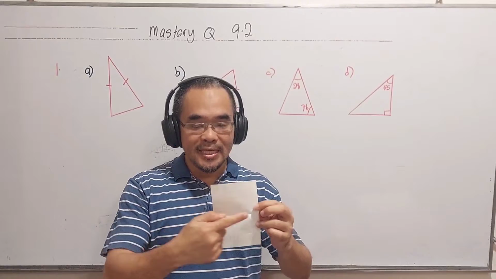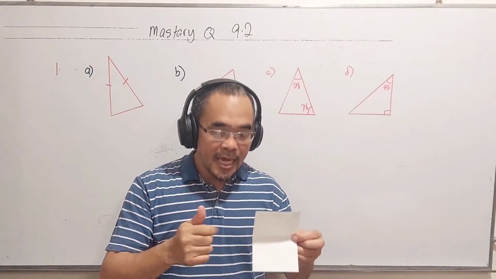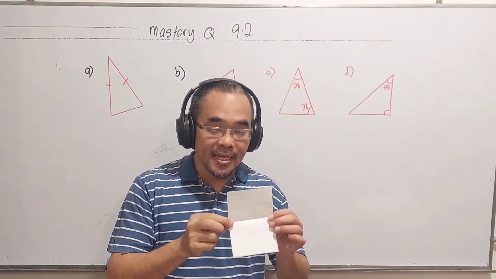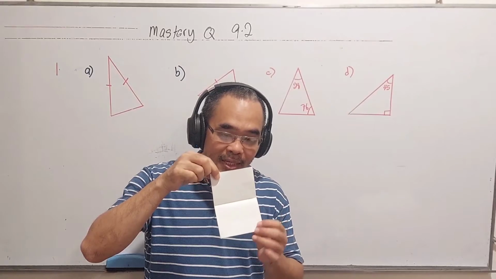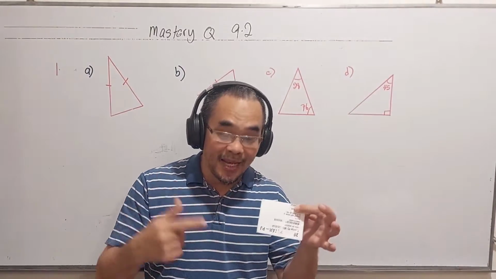Is this called a line of symmetry? Yes. First, it divides into two equal parts. Second condition is that one part is falling on the other part if we cut that.